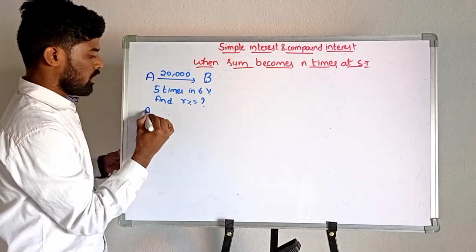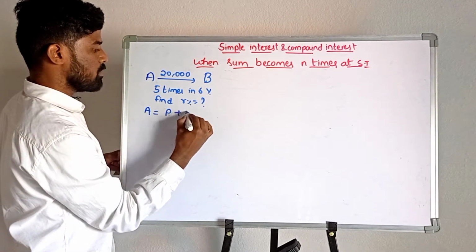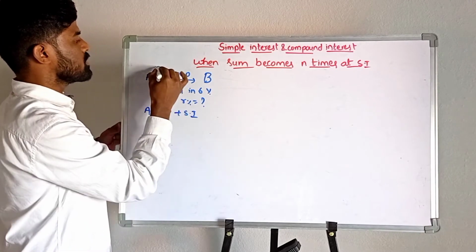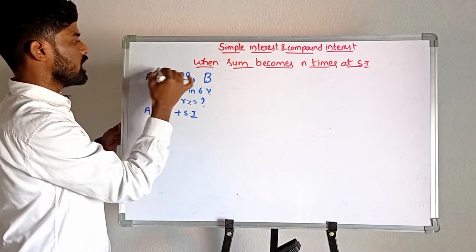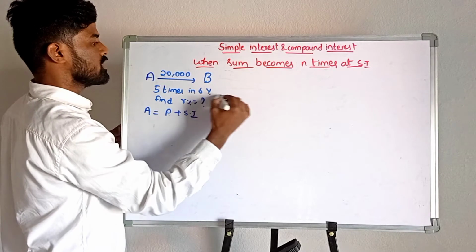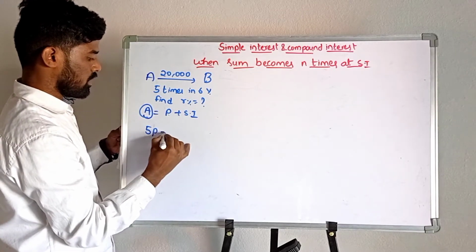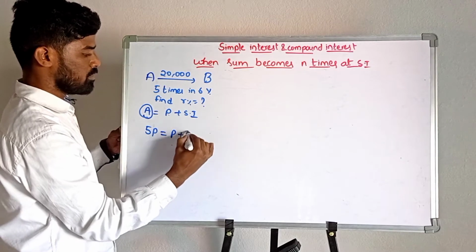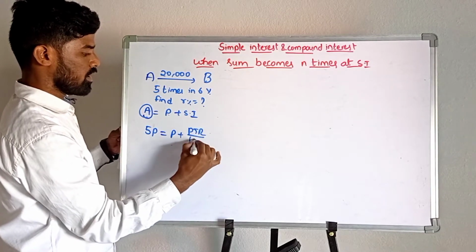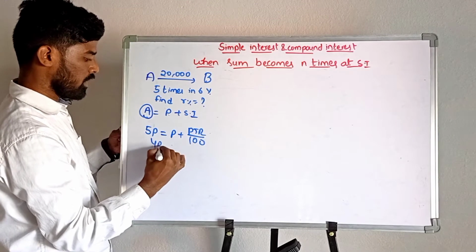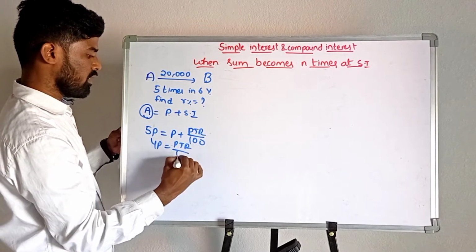We know that amount is equal to principal plus simple interest. Here principal is 20,000. It became 5 times in 6 years, that is, amount is 5P. Principal plus simple interest is P plus PTR by 100, so 4P equals PTR by 100.